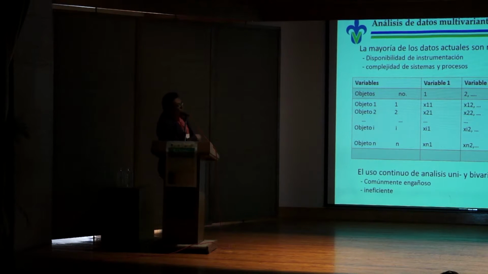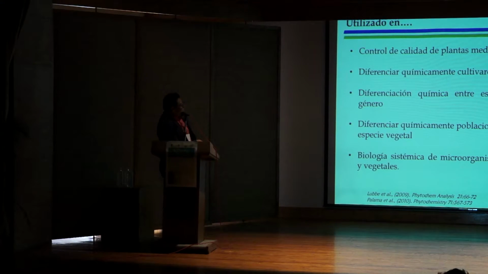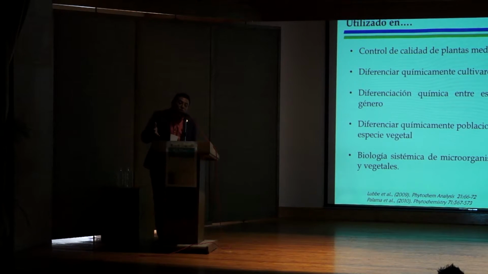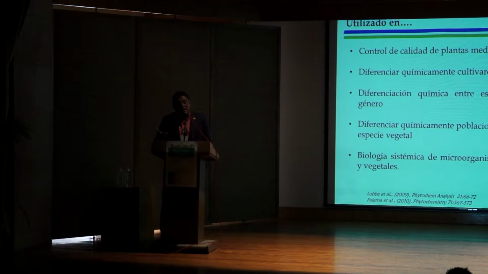To make this clear, we will use some examples. I would like to say that chemometrics has been used for quality control of plants, to determine which variables are important for the quality control of a herbal product, a herbal medicine.